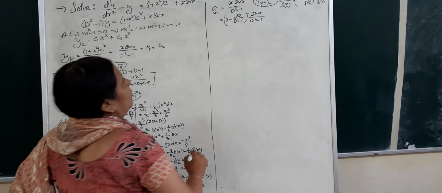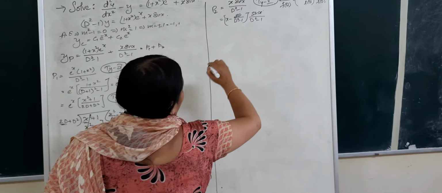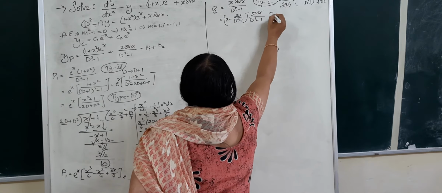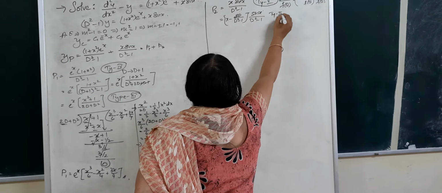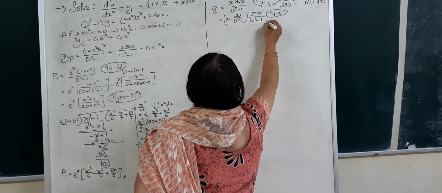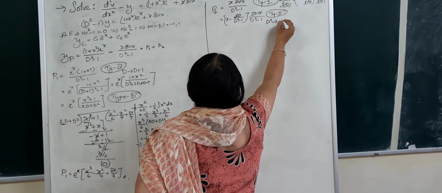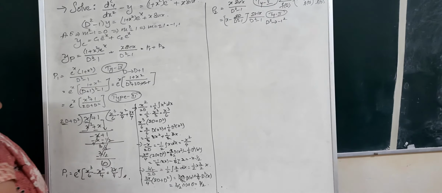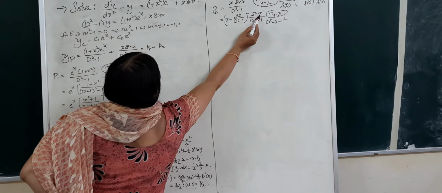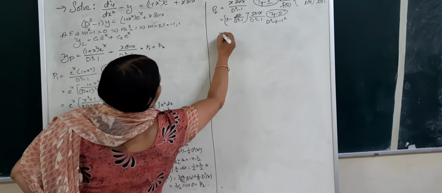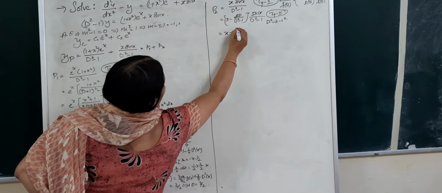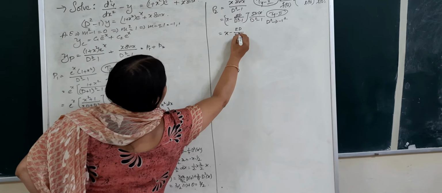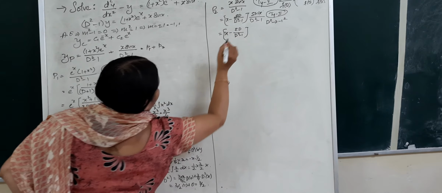Okay, so now applying type 2, because I have cos and sin functions, D square is supposed to be replaced by minus a square, and a in this particular case is 1, the coefficient of x in the trigonometric form. So 2D divided by D square minus 1 as it is.